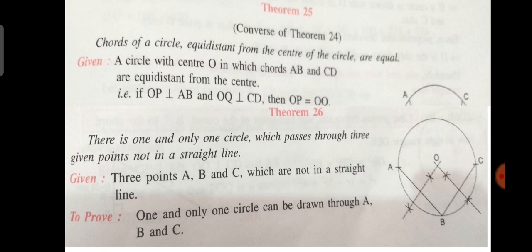For BC, another bisector is drawn, and they meet at the center of the circle, O. That is the construction.